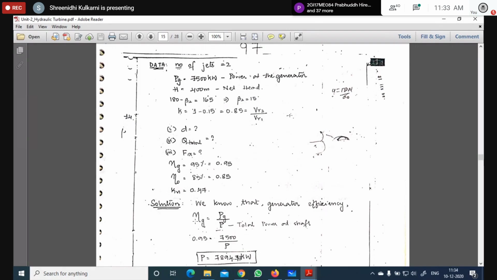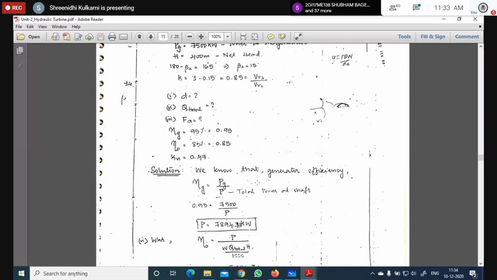So by using this we are going to find the total power, because they have already given the generator efficiency and the generator power. So find the total power at the shaft.